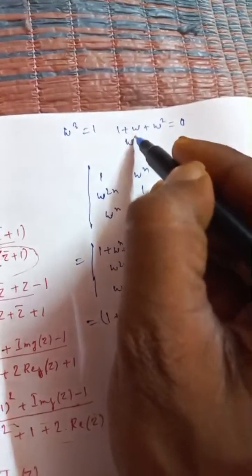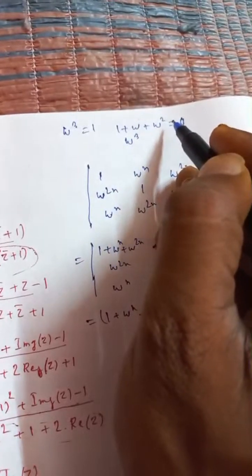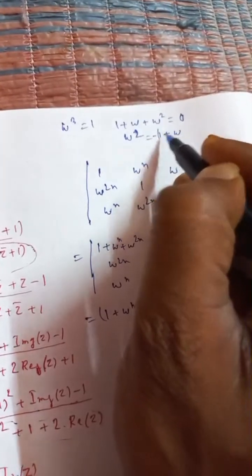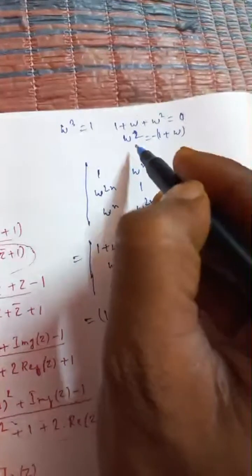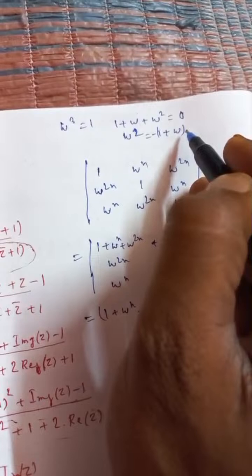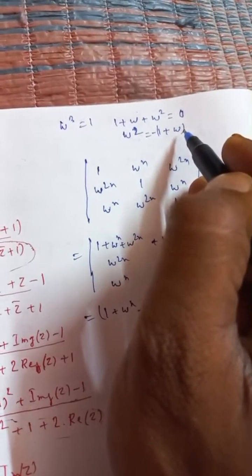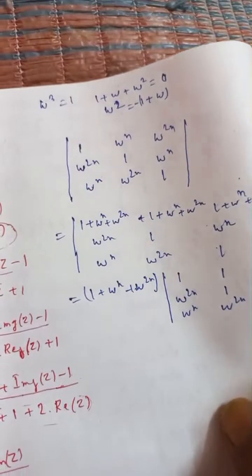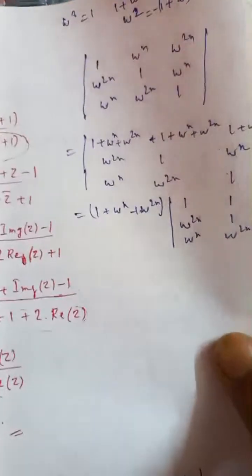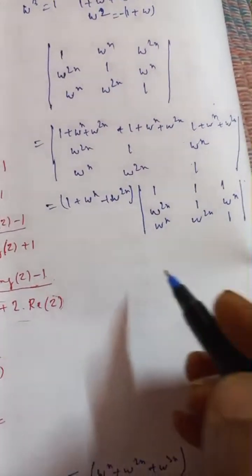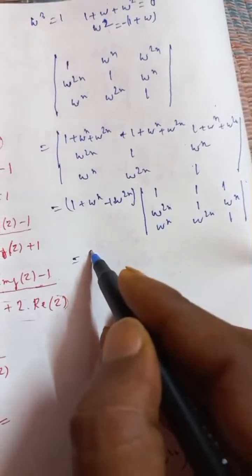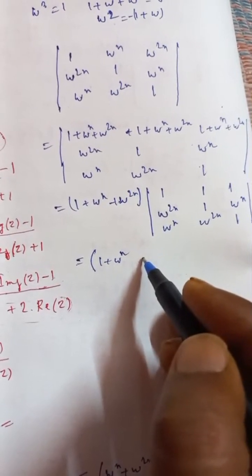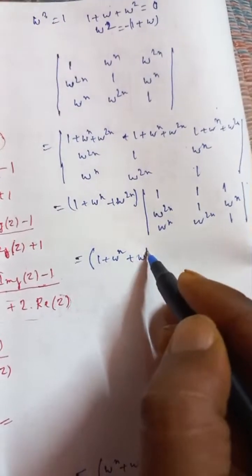So 1 plus omega to the power n plus omega to the power 2n.